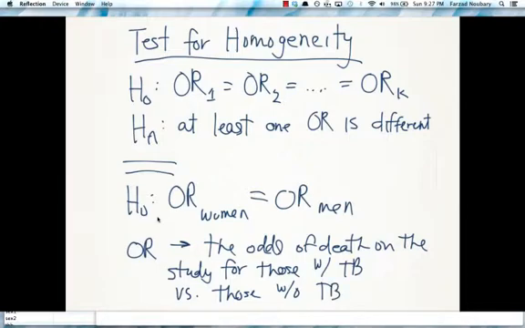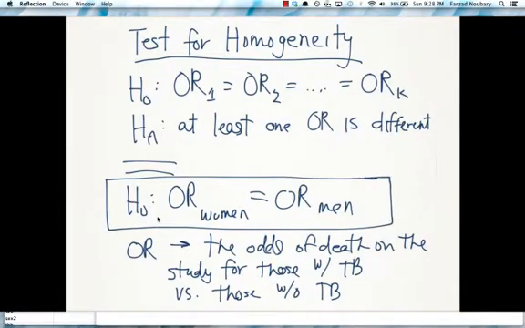Okay, so that's what we're assessing here, and we're going to start off with this test of homogeneity to see whether gender impacts this relationship.